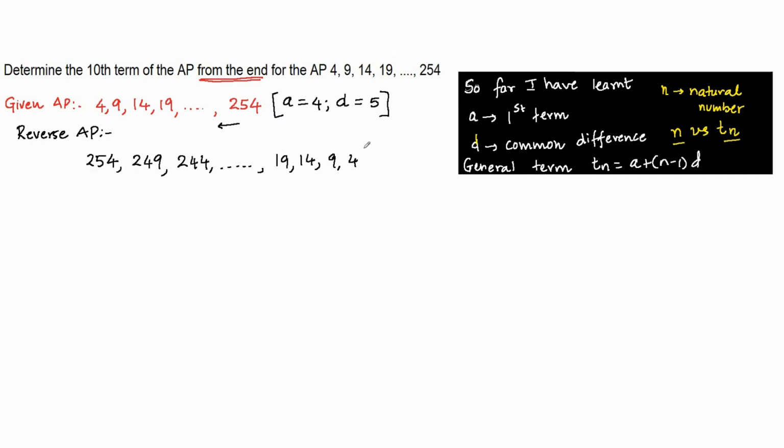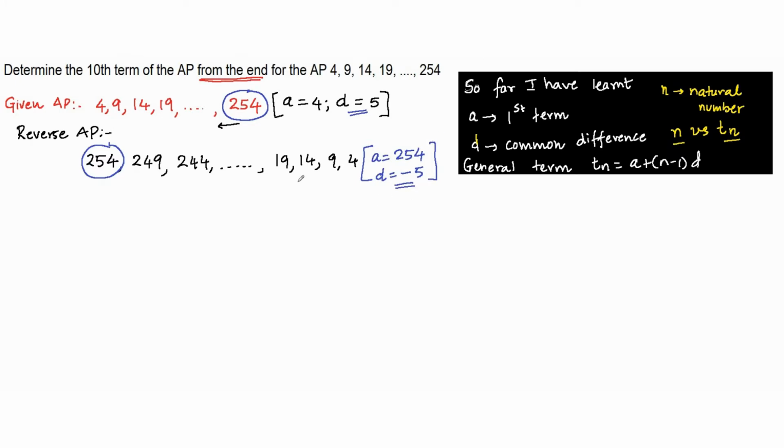Where the first term is 254. So A is 254 and the common difference becomes 249 minus 254, which is minus 5. So you will notice that the last term of the given AP became the first term of the reversed AP, and the common difference of the given AP was negated to get the common difference of the new AP, right?